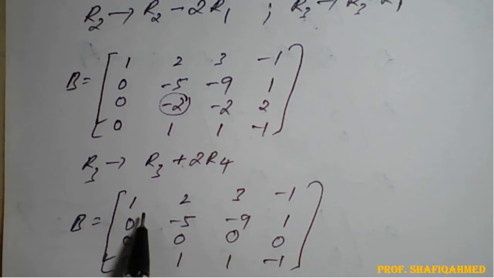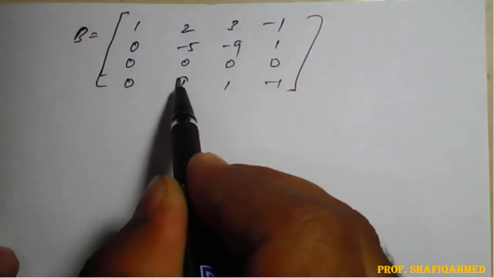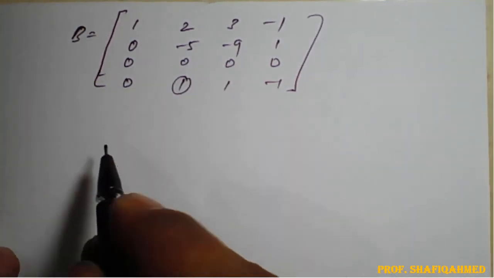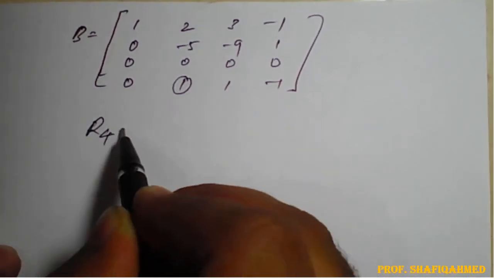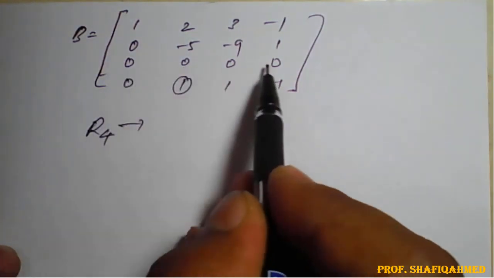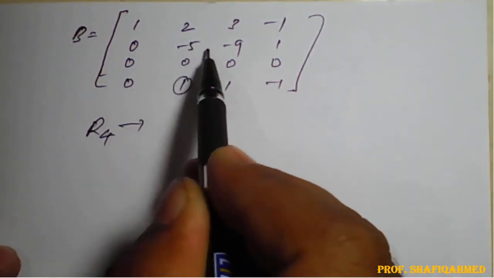Again, because this is a diagonal element, 1, minus 5, 0, minus 1, we need to make this and this also 0 now. Next we need to make this element 0. While making 0, be careful. This belongs to row number 4. On row number 4, to make 0, we cannot use row 3 because all its elements are 0, so we need to use row number 2 only.